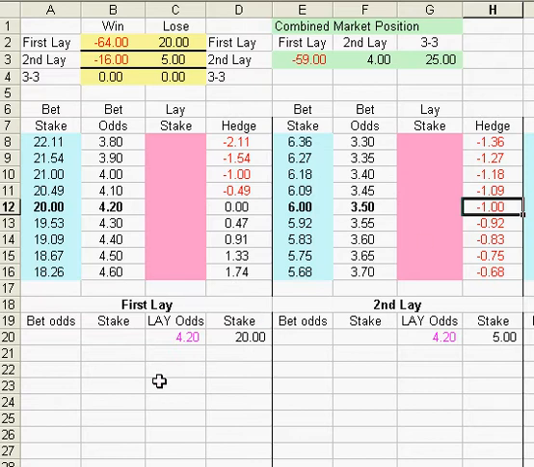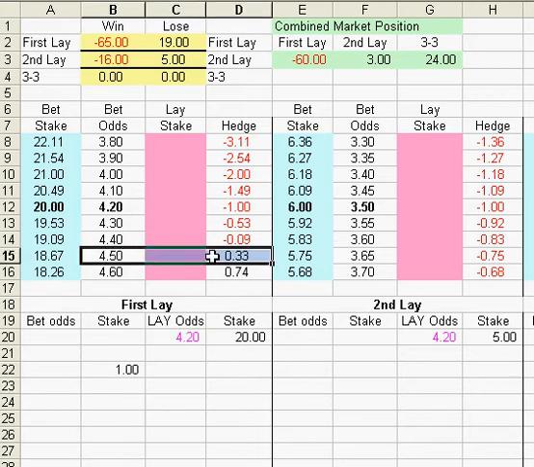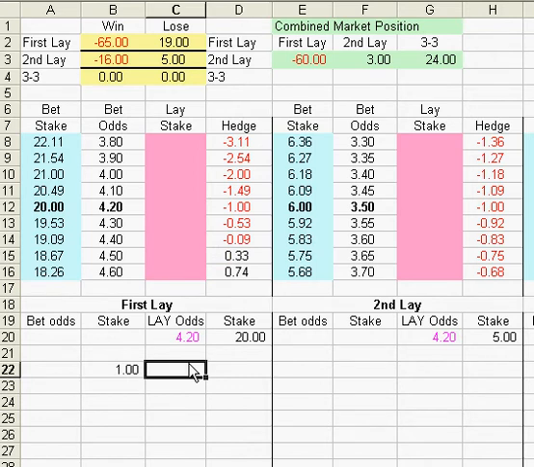There's our loss. We can put that loss into this part of the spreadsheet as a losing bet, and then we can see what odds we need to get on our remaining in play lay to get to profit. We'd need odds of 4.5 if we'd lost £1 on this other lay.